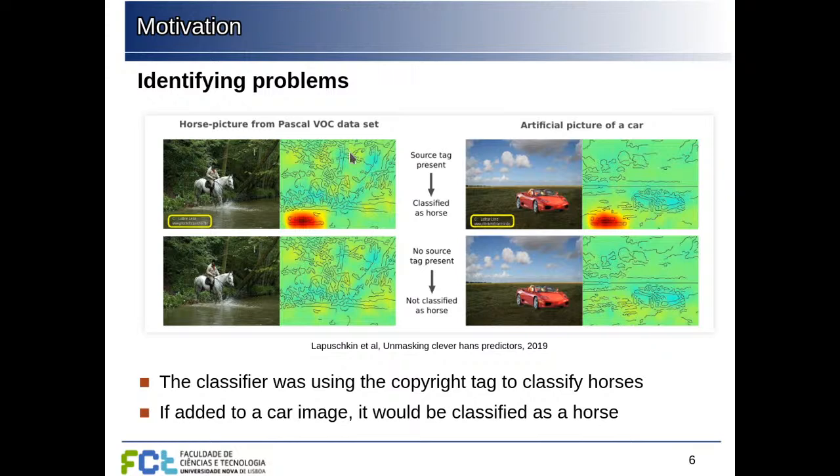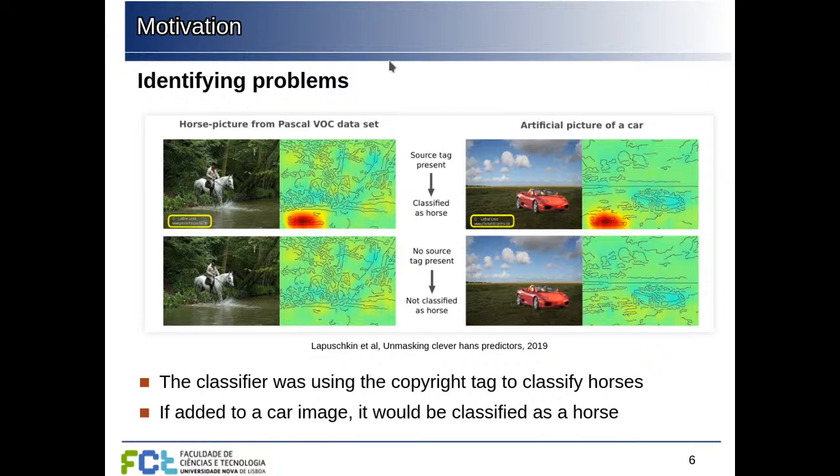And what they found is that the classification of a horse was using the copyright tag of the image. So the relevant part of the image is this segment here. And if they removed that copyright tag, then the image would not be classified as a horse. And if they added this copyright tag to a car, then the car would be classified as a horse with the copyright tag, but not without the copyright tag.